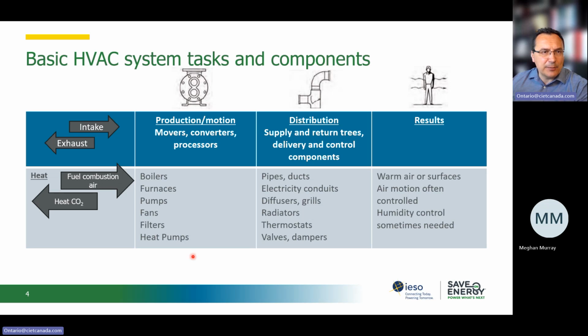And then if you look at where the primary energy comes from for maintaining comfort in the space, in occupied spaces, we have a number of equipment, boilers, furnaces, pumps, fans that help us in this function.